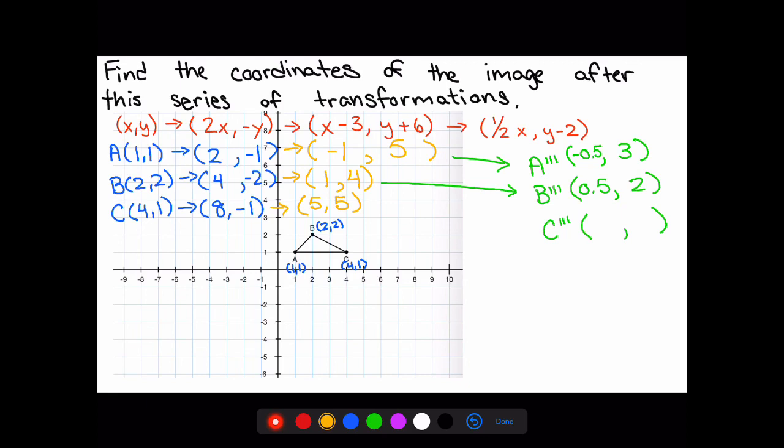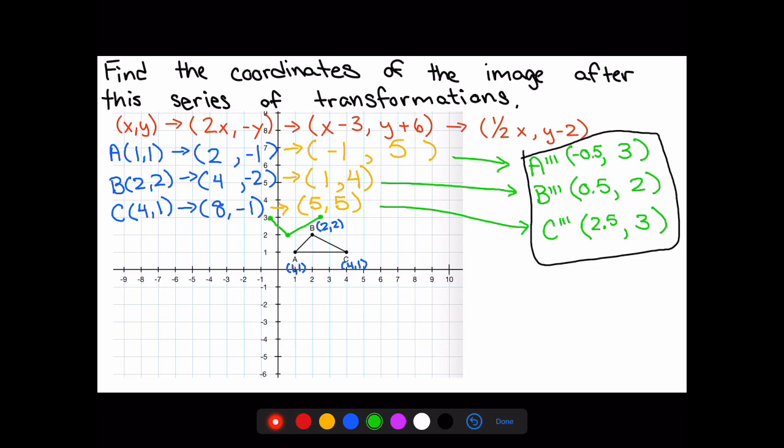And moving into our final one, this will give me 2.5, comma 3. So these are our final points. These are the points of our final image, and this is what we'd be looking for as our answer: negative 0.5, 3; 0.5, 2; and 2.5, 3. So it'd be this green triangle right here.